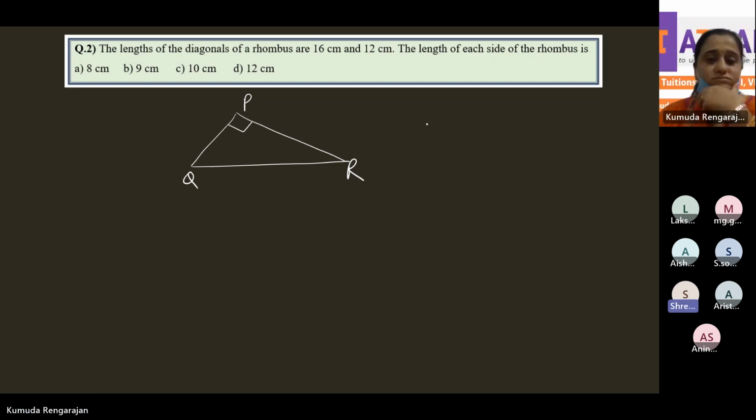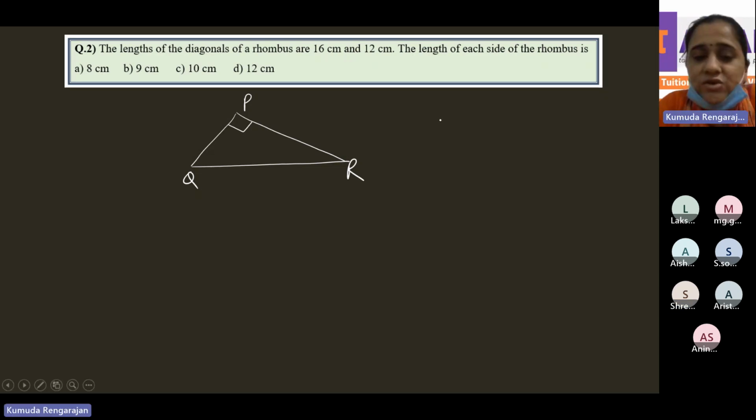Sorry, ma'am, can you repeat the question? I couldn't hear something right now. PQR is a right triangle. What is the result by Pythagoras theorem for this triangle? Aishwarya? Yes, ma'am.